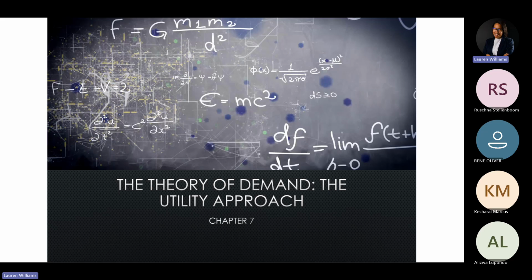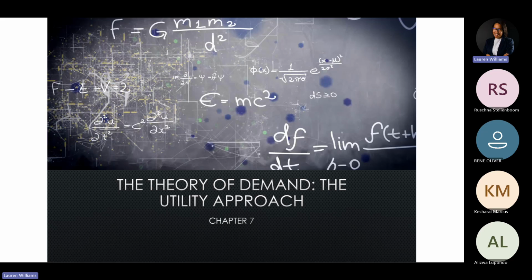So to start off with, the theory of demand and the utility approach. If we're starting with the theory of demand, it's based on demand, which means that the higher the price, the lower the quantity demanded, right? So the entire process is based on demand itself.